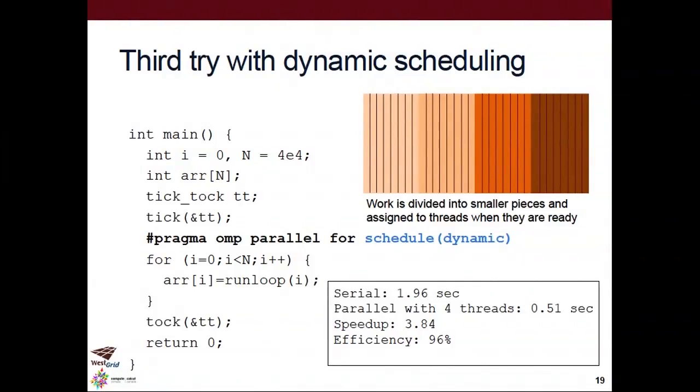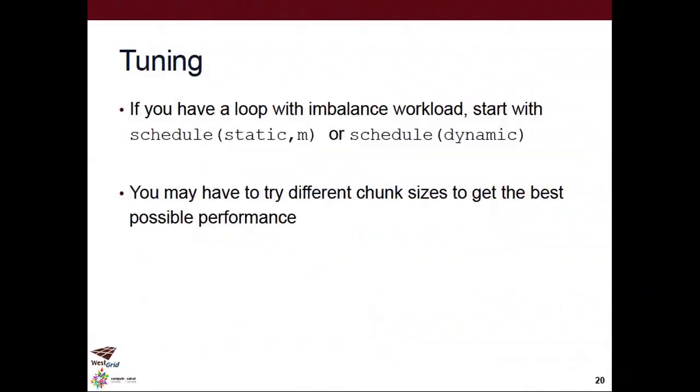If you go with this dynamic version here, you will see that you are getting almost 100%, or 96% efficiency, which means that you are close to getting the ideal speedup. Depending on the nature of your code, and because OpenMP doesn't have that knowledge about your code, you can have some tuning options for your for loop.